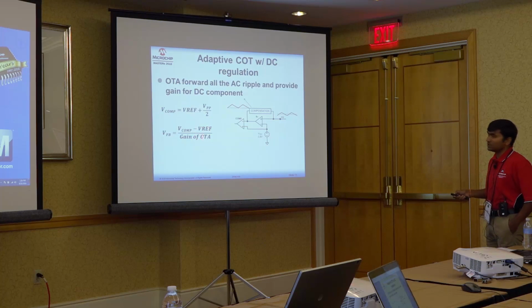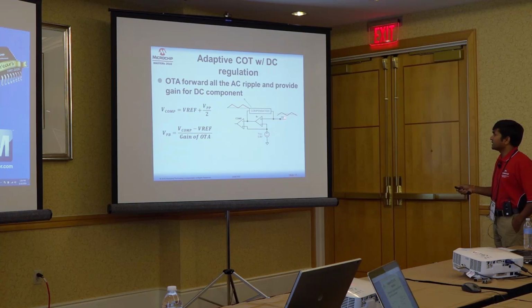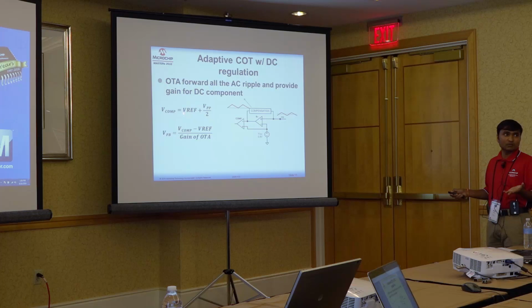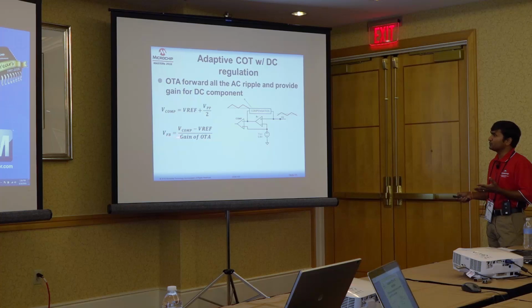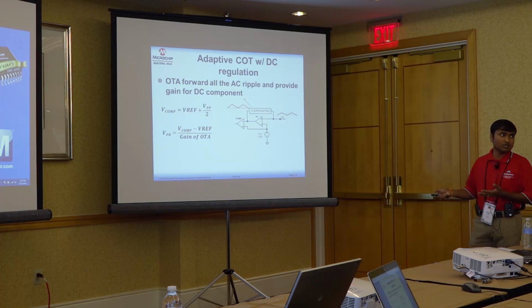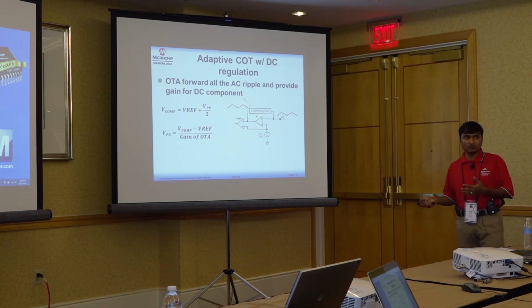The gain of the OTA is on the order of 10,000. Let us assume the peak to peak ripple is 100 millivolts for a typical application. The V feedback AC ripple is then 100 millivolts divided by 10,000, which is 0.1 millivolt, very much negligible.